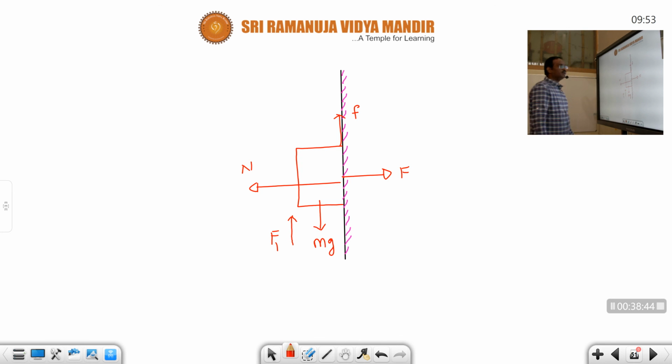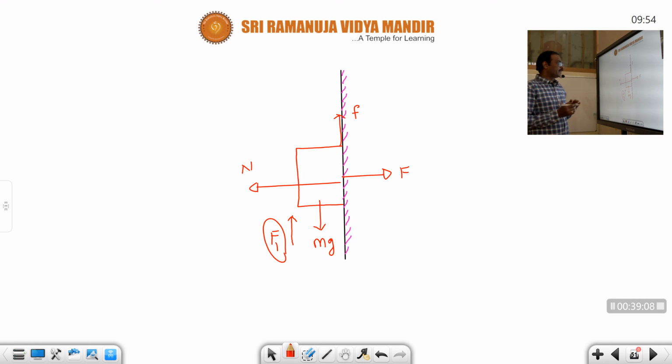If it is in equilibrium, all forces cancel along the x-axis and y-axis. If it is not in equilibrium, if the block is moving upward with a uniform acceleration A, then friction will act in downward direction. So the value of the friction can be reduced by increasing the force F1.